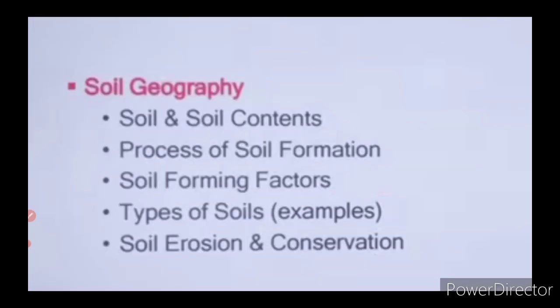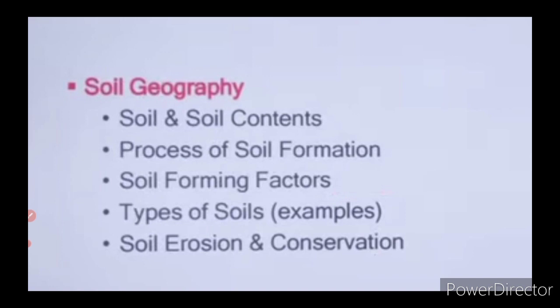Then soil geography, so in this soil and its contents, how it is made up, then formation of it, the process of how soil is formed, then there are some forming factors also, then types of soils, so basically the examples. So here we can say black soil, red soil, laterite soil.